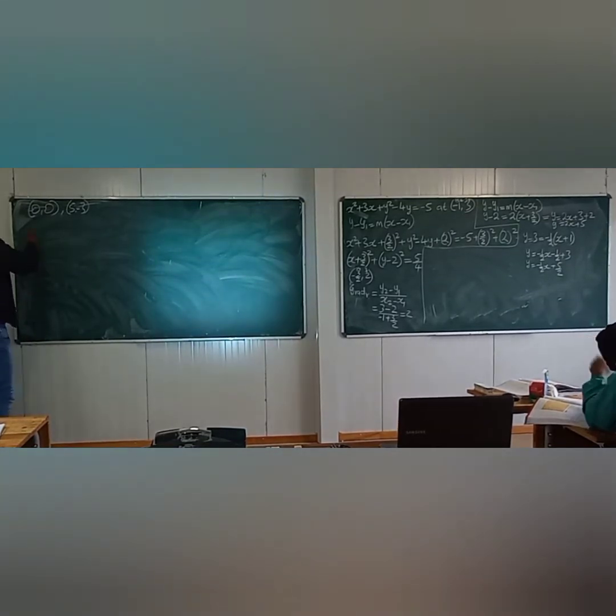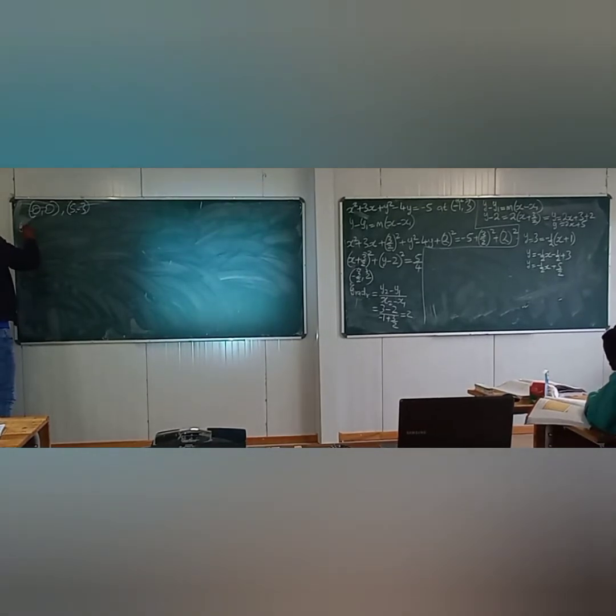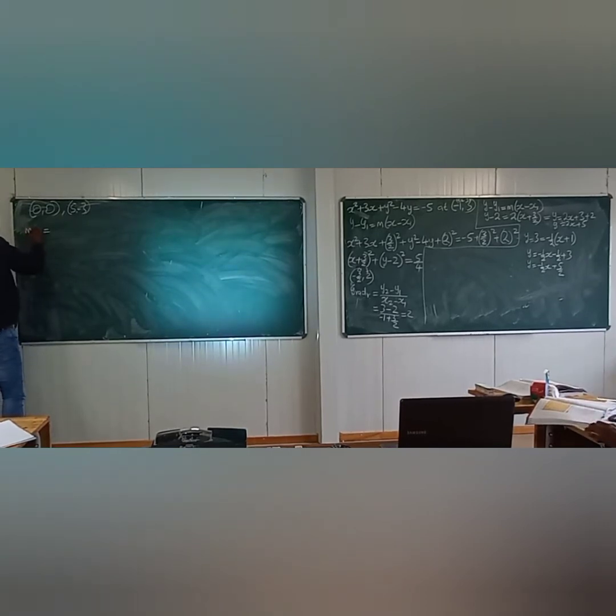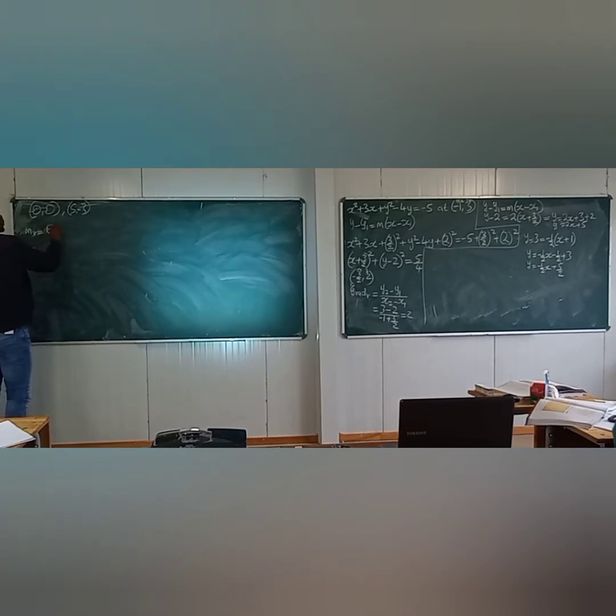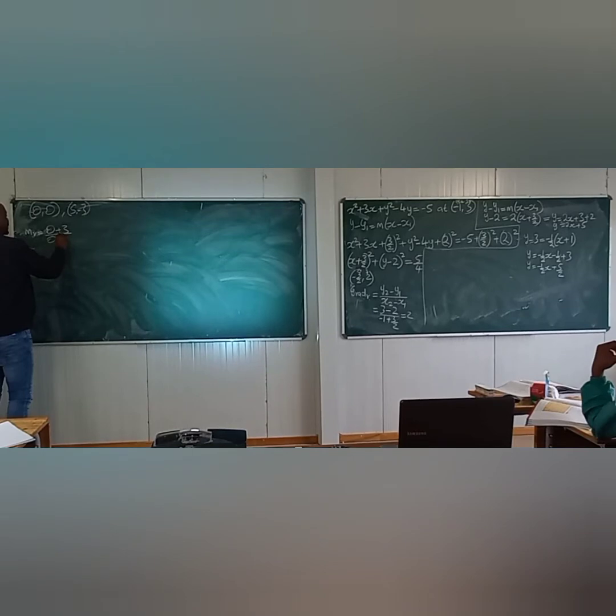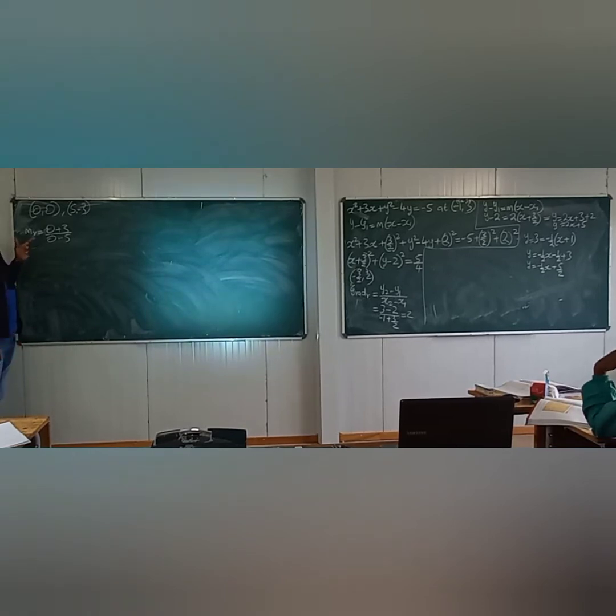The gradient of the radius m equals 0 minus 3 over 0 minus 5, or minus 3 minus 0 over 5 minus 0.